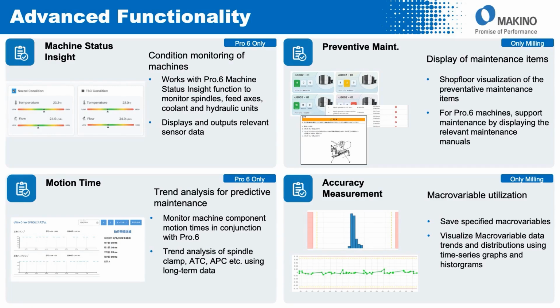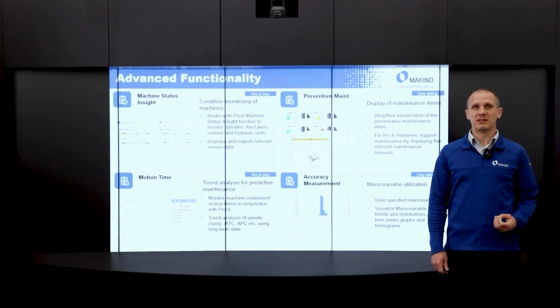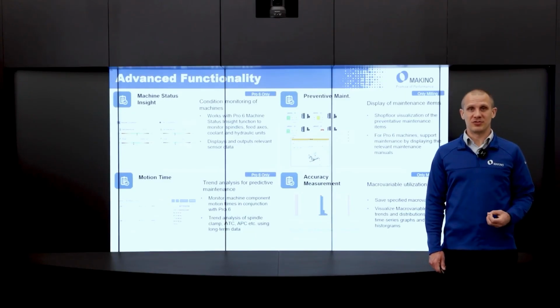Motion Time Monitoring watches the timing of spindle clamp, ATC, APC signals, and presents them in a chart. Accuracy Measurement allows users to define macro variables and trend that data on a line chart. And Preventative Maintenance provides a central display of the maintenance items for your machine. As we look into the PM data, it provides visibility on Pro 5 and Pro 6 machines.